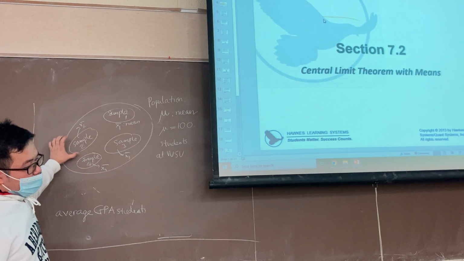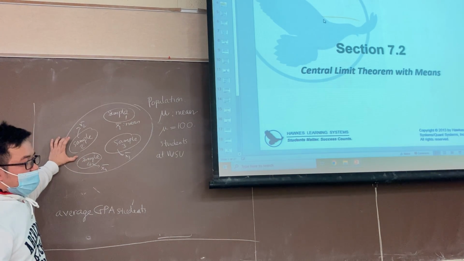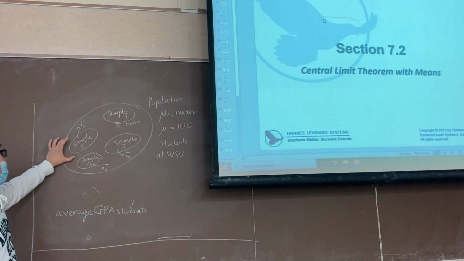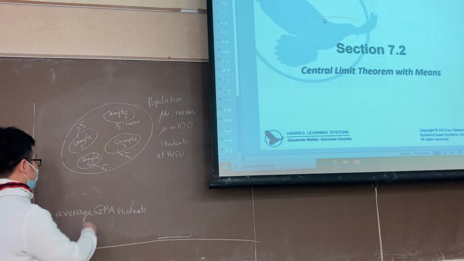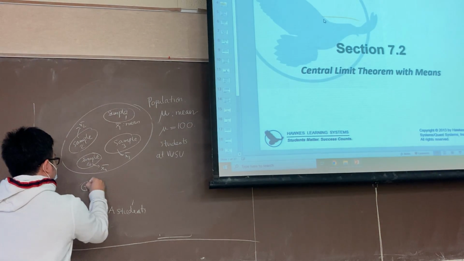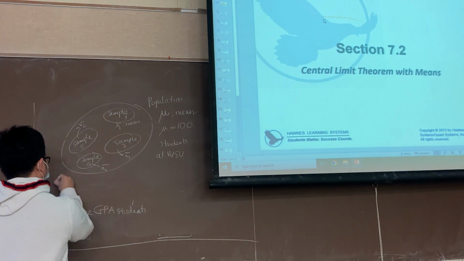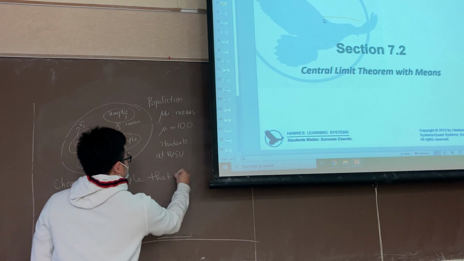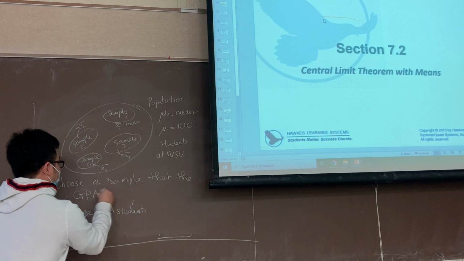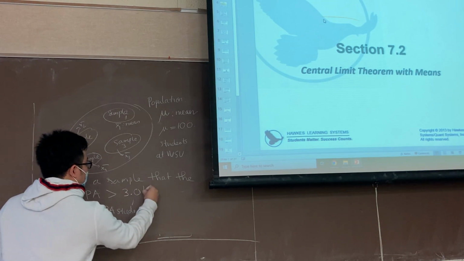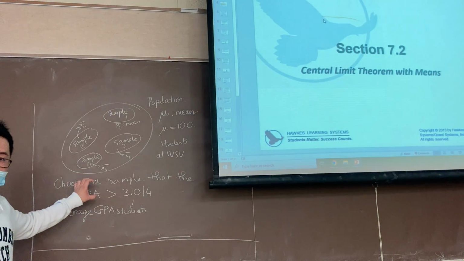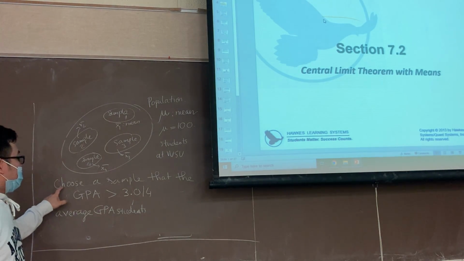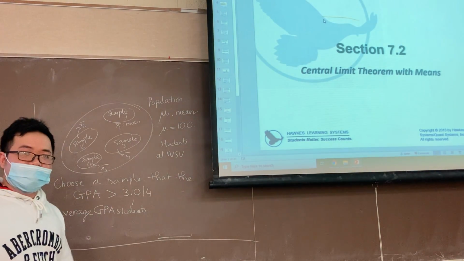Now I choose randomly one class, one sample, and I want the average GPA to be greater than 3.0 over 4. The question here is, what is the probability of choosing this kind of sample?